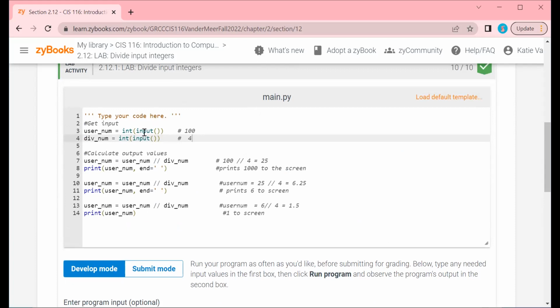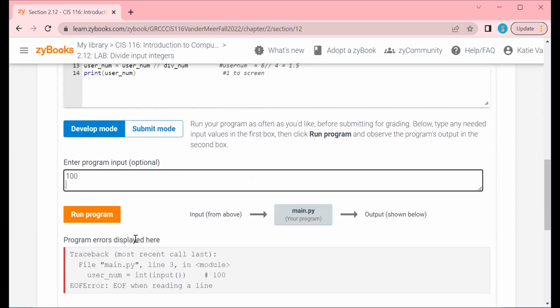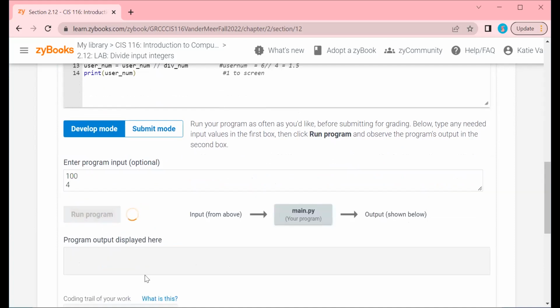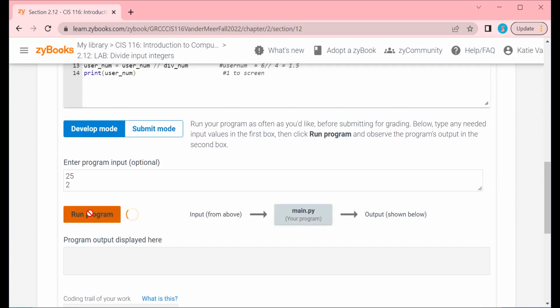You have 2 inputs that are expected because we have 2 input statements. So that's where we write 100 and 4, and then run our program, and then we can test our output. Then I could try 250 or 200 or 25, let's say 25 and 2, and then run my program and see if I get the right answers.